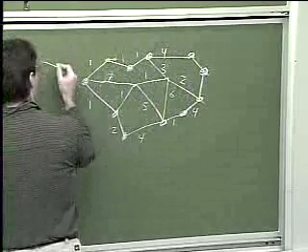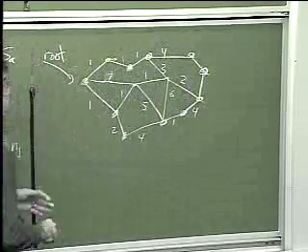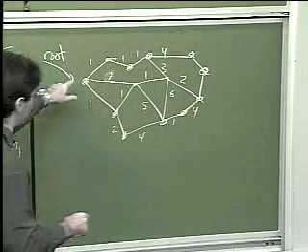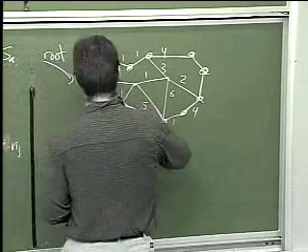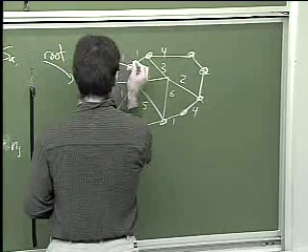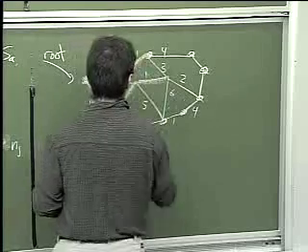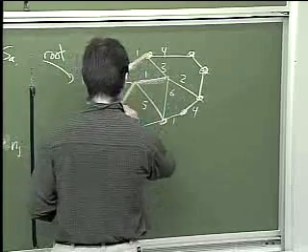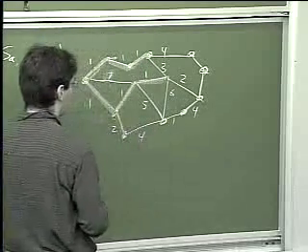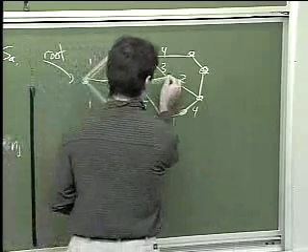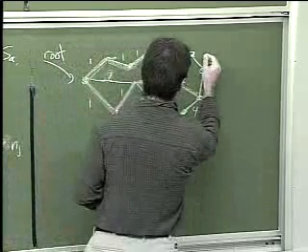So let's make this node over here the root of the tree we're interested in building. I want to build a shortest path tree from the perspective of this node here. And I should label all the edges.